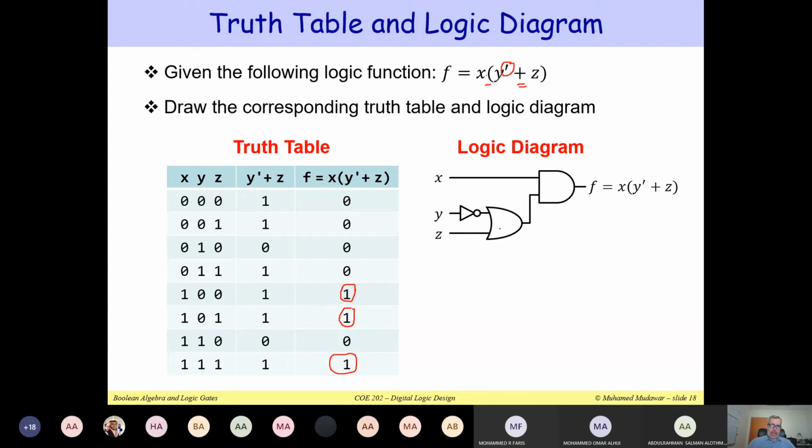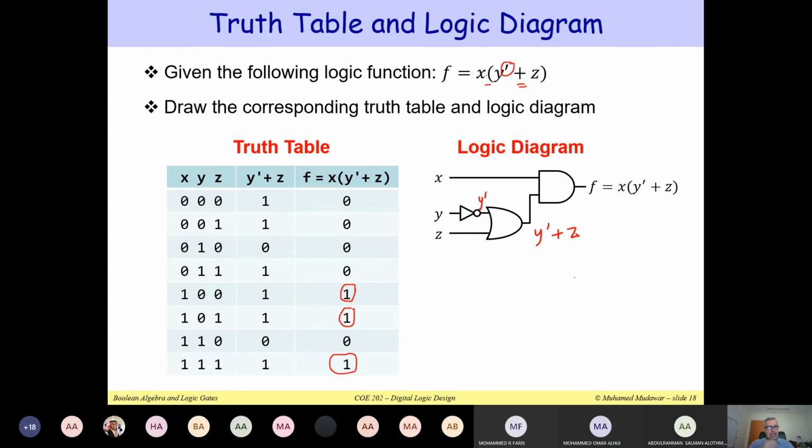Then I need this OR gate, and the output of this OR gate will be y prime or z. And now when I AND it with x, it will be x and, between parentheses, y prime or z.